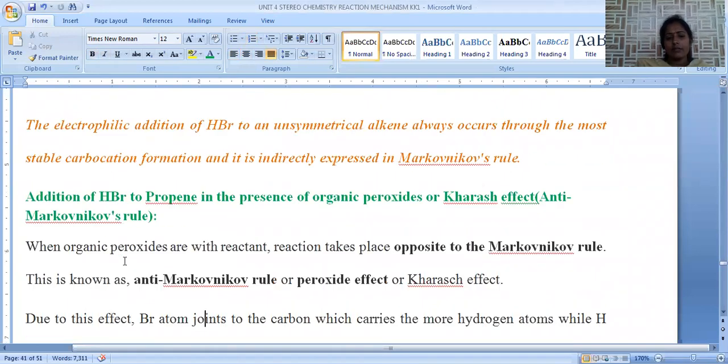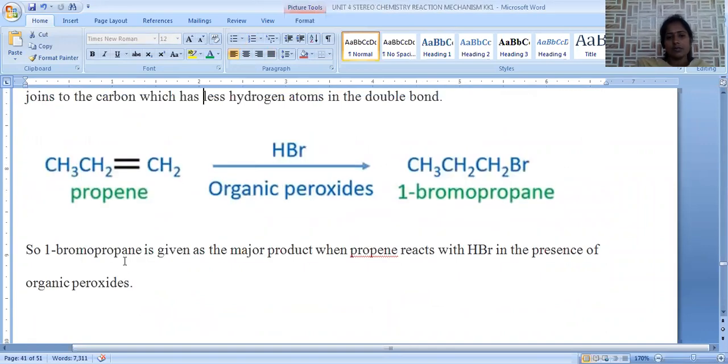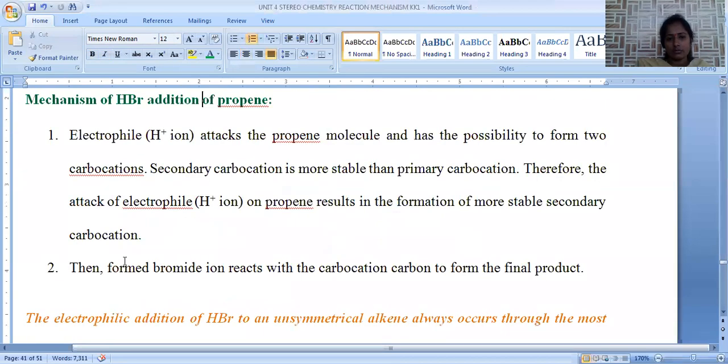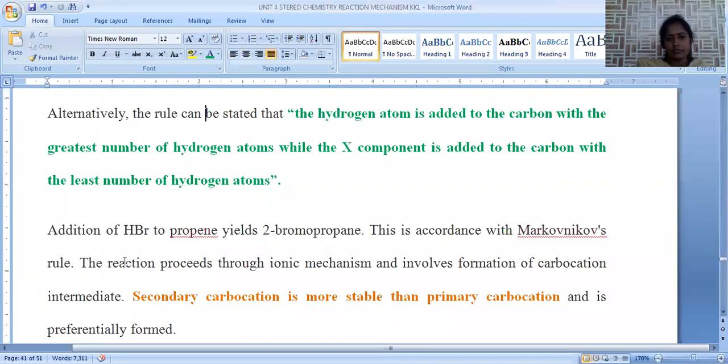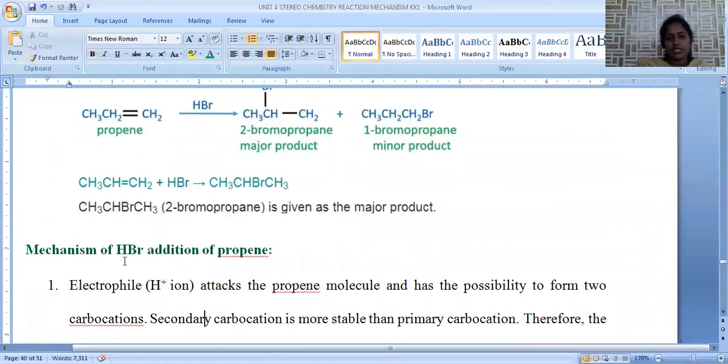Here, when we see the mechanism, this is peroxide reaction, anti-Markovnikov rule. Okay, one minute. I will show the mechanism for this reaction.